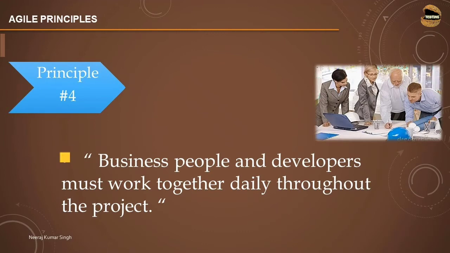Principle number 4. Business people and developers must work together daily throughout the project. That's the most creative thing that has come up in Agile compared to traditional approaches: the business people who collect the requirements from the customer, or involved customer representatives, must work very closely with the developers to help them understand exactly what the expectations of the product are.